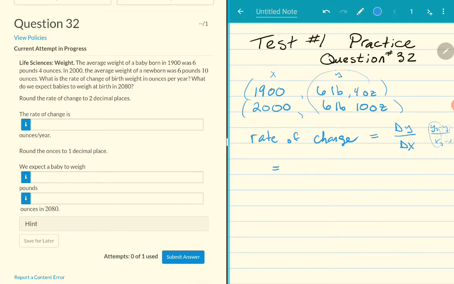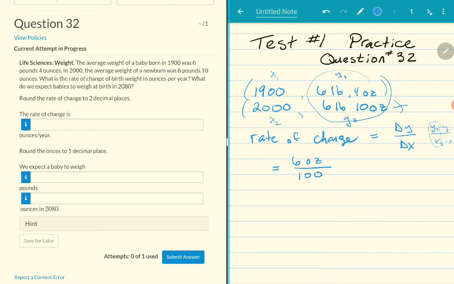So how much did the y's change? It's 6 ounces, so it's increased by 6 ounces over the last 100 years. So I'm taking y2, subtract y1, and this is x2, subtract x1.